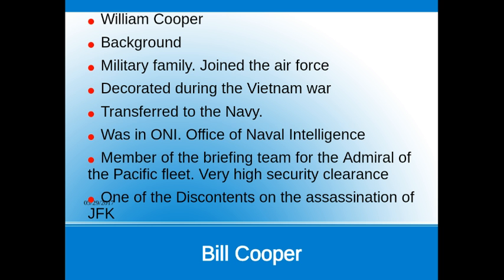Basically anything that might possibly help the Admiral of the Pacific Fleet, he had the right to know. So he saw a lot of documents. And he's one of these army guys who were discontented by the assassination of JFK.